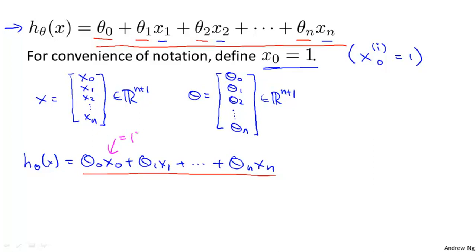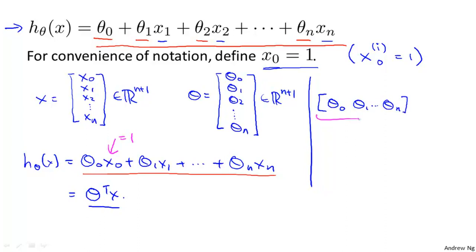And the neat thing is I can now take this form of the hypothesis and write this as theta transpose x. Depending on how familiar you are with inner products of vectors, if you write out what theta transpose x is, it is this: theta 0, theta 1 up to theta n.